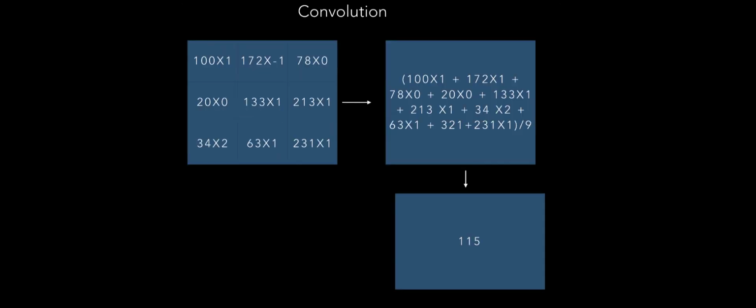You take the kernel, first apply it to the top left, then multiply and average, then you move it to the right. This is for just the first 3 rows and columns of the original image. Then you repeat the process, so you slide to the right, then further to the side and repeat the whole operation, then you slide down and again slide down until you finish the whole matrix. So that's basically what the convolution operation is.